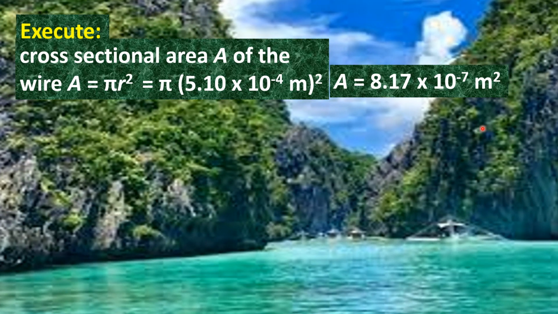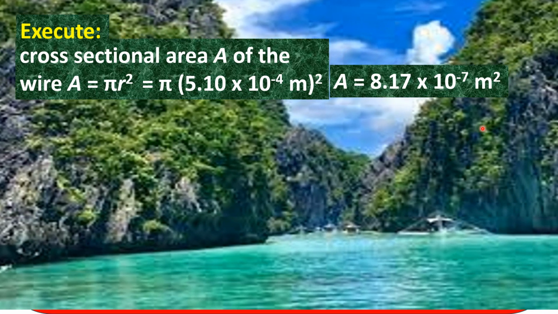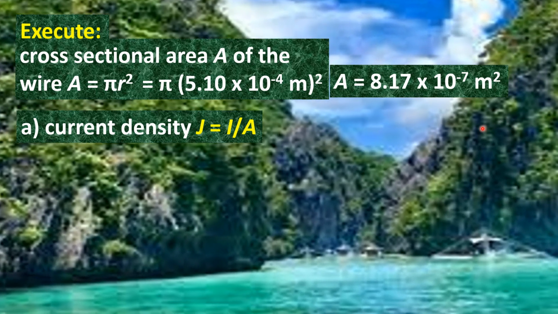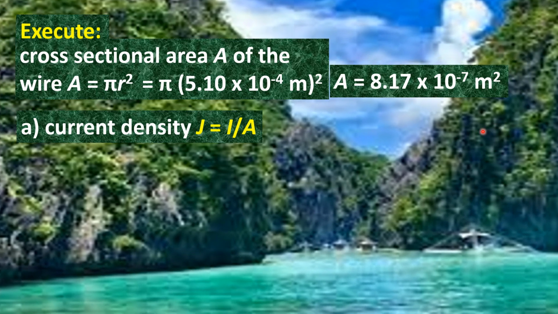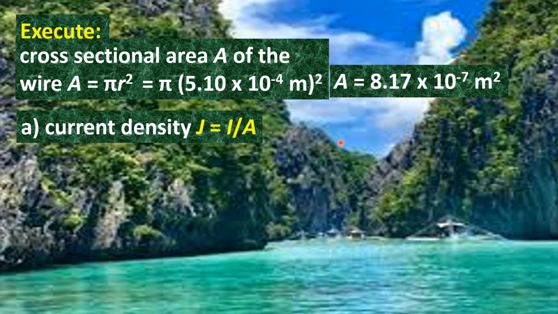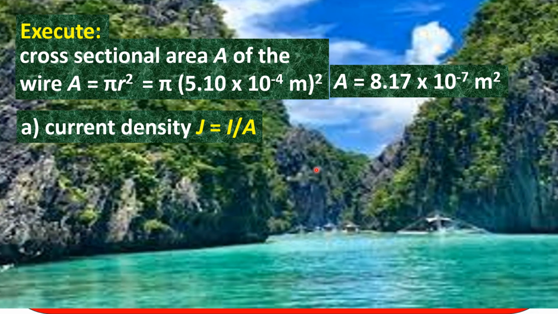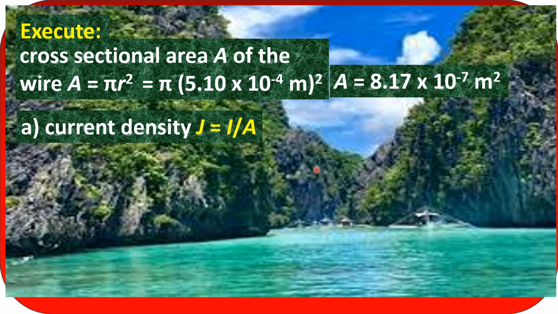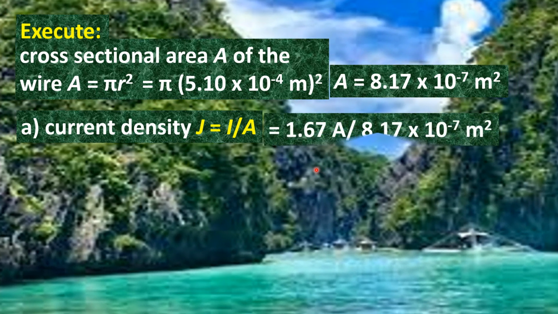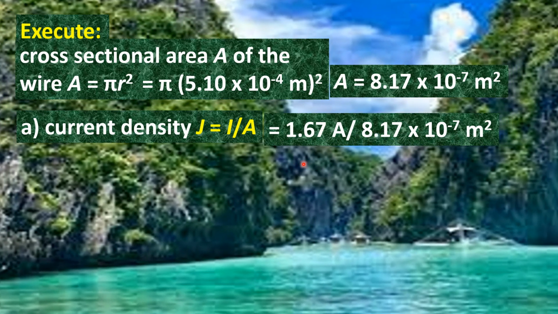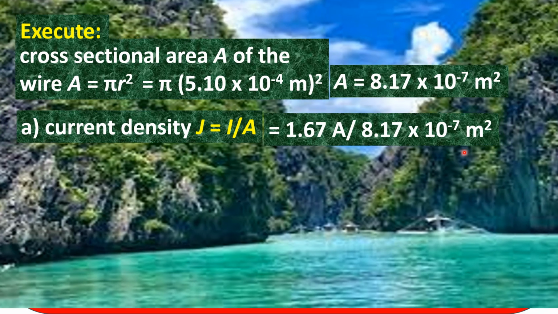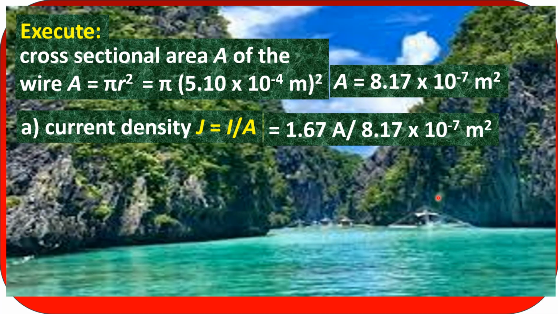Moving on to our calculation for the current density, denoted by capital J, it is simply equal to the amount of current I divided by the cross-sectional area, capital A. Substituting the quantities, we have I, 1.67 amperes, divided by 8.17 times 10 to the negative 7 meters squared.